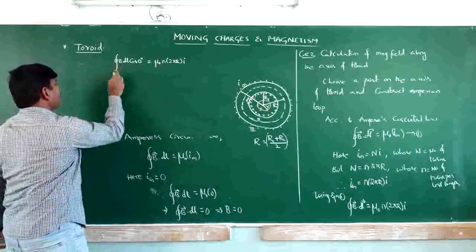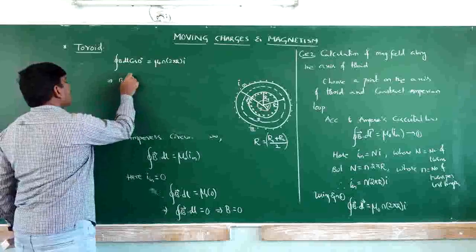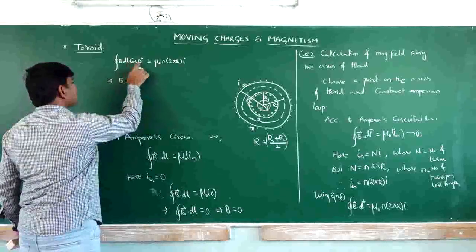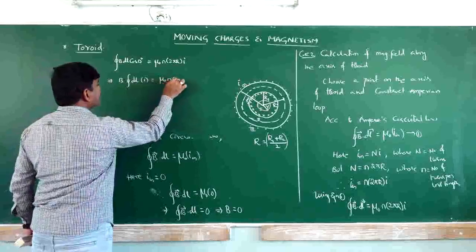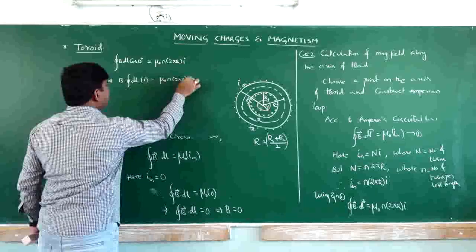So B is constant, written outside, into the closed integral of dl cos 0, which is 1, equal to mu naught into n into 2 pi r into I.